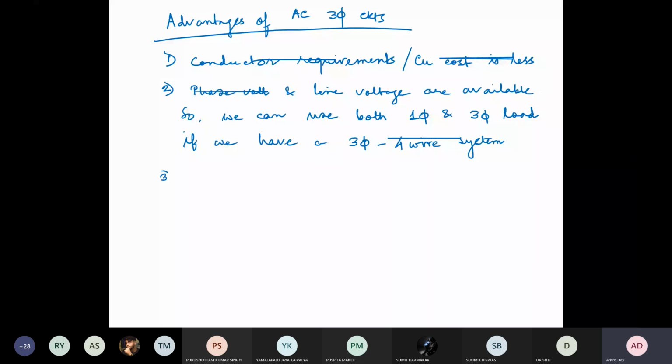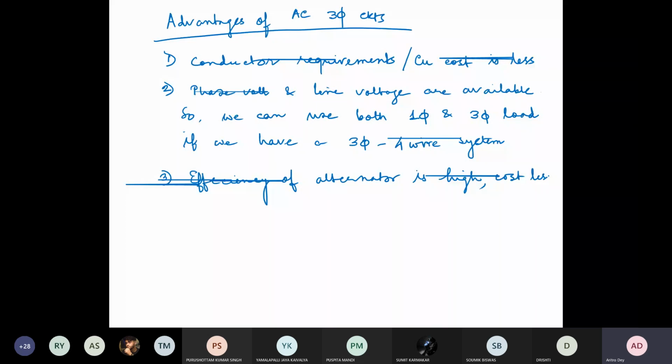Then your efficiency of the alternator is high. That means your losses are less if, instead of having three alternators, we go for a three phase alternator. Then efficiency is high, cost is less.